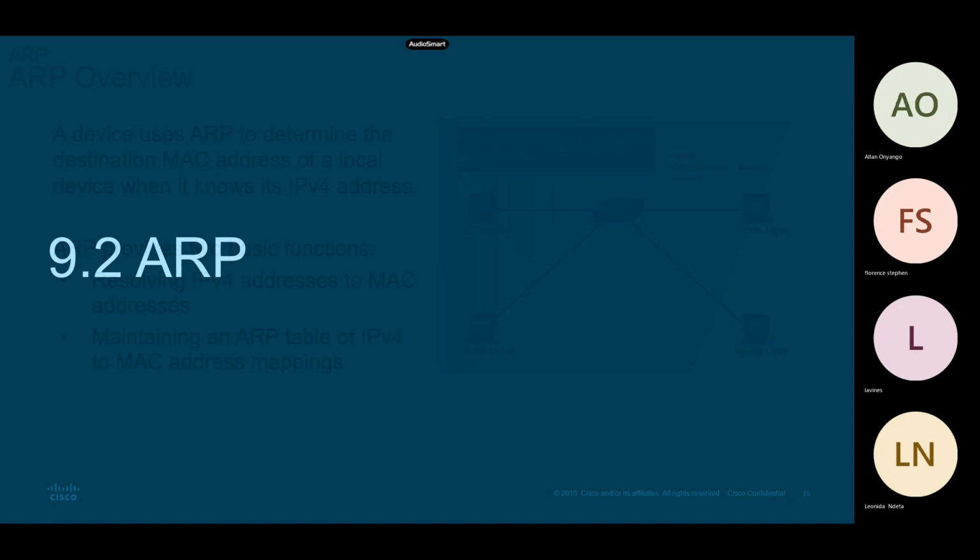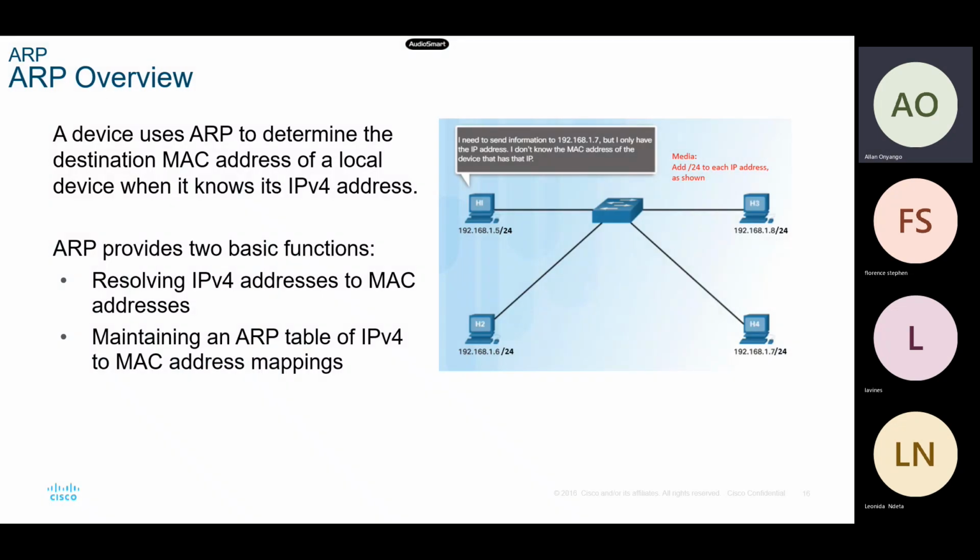Now, ARP is a very simple protocol. The first thing you need to note is that before any PC sends a message to any other device in the network, it must know two things about that device: one, the IP address, and two, the MAC address.